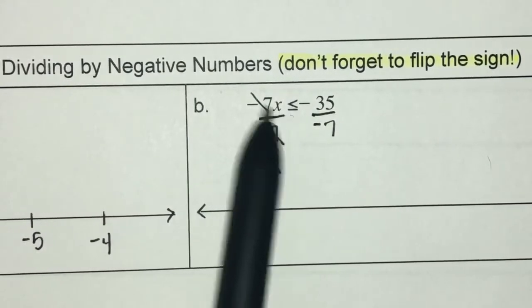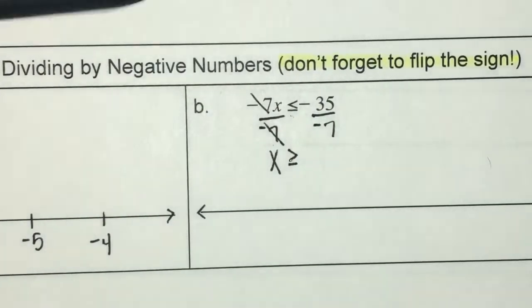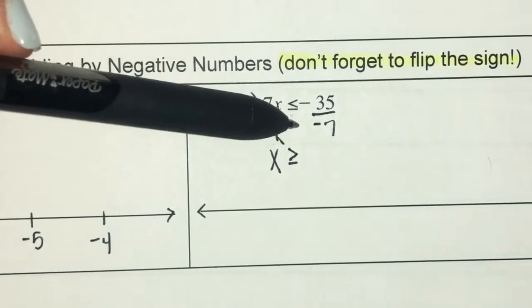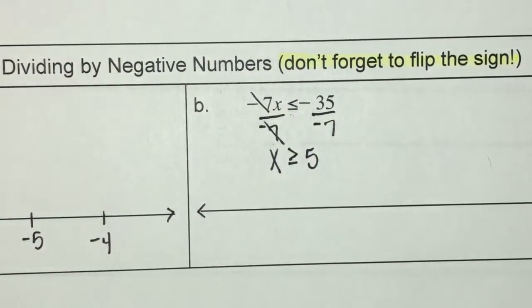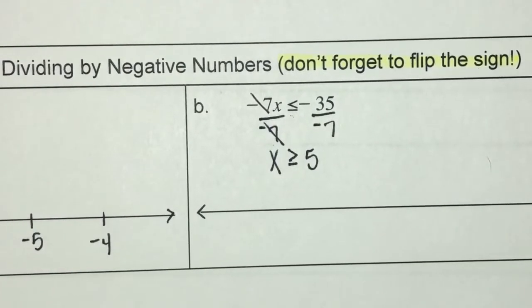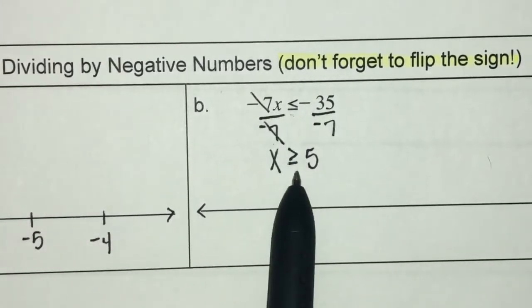So it was pointing to the left, and now it needs to point to the right. And then negative 35 divided by negative 7 is positive 5. Every single time that you multiply or divide an inequality by a negative, you have to flip the sign. So this went from less than or equal to, to greater than or equal to.